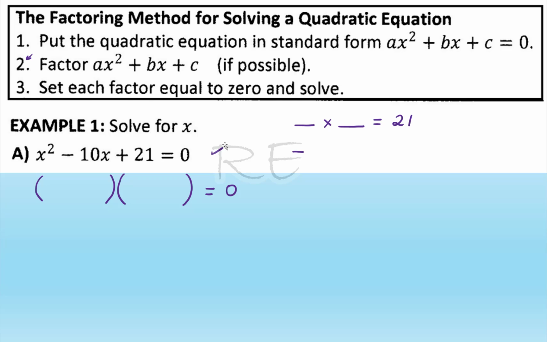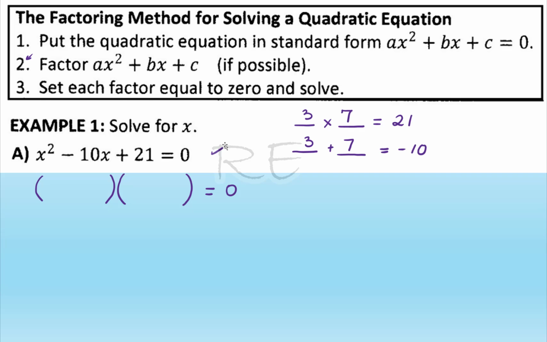Now the last term, 21, is a product, and negative 10 is a sum, the sum of the O and I, the middle terms. So the combination that's going to work is 3 times 7 and 3 plus 7.